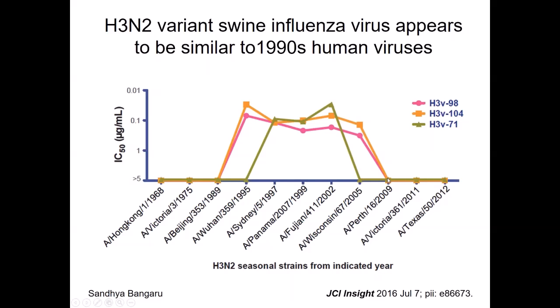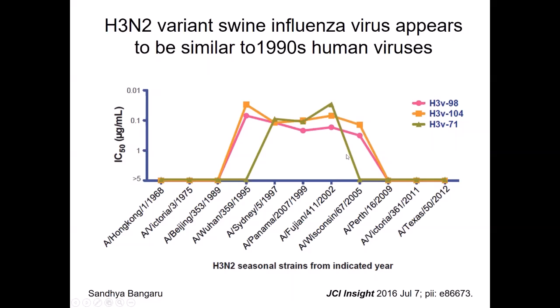And yet these antibodies recognize viruses from the late 80s through 2009. So there was a period of circulation of H3 viruses that are antigenically distinct from the ones that we have now, which is why we may need an H3 variant vaccine or therapeutics or antibodies.